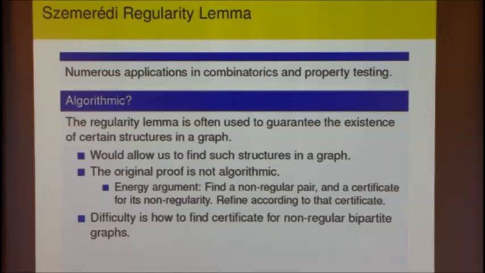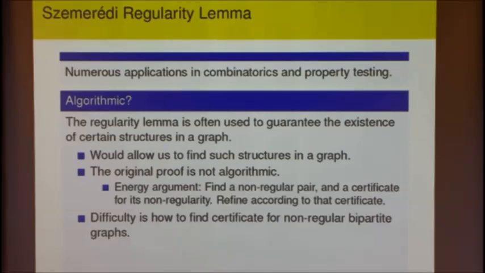It's a type of idea that you can use to show that certain kinds of structures exist in a graph, but then it's not immediately clear how to actually find those structures. The same kind of thing is true also for the Lovász local lemma, where you can use it to make statements about existence of certain structures, but then finding the structure itself is a non-trivial task.